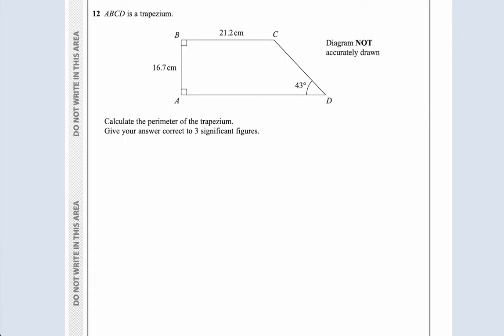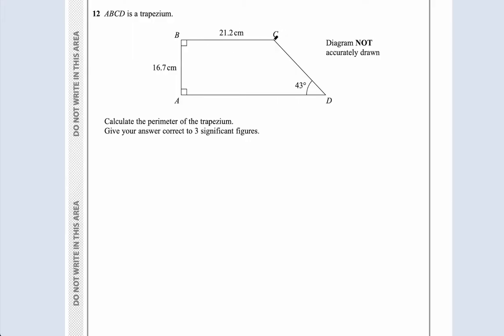Question 12. Okay, so we have a trapezium, and it says calculate the perimeter of the trapezium. So this, guys, is a trigonometry question, because look, we have an angle here, 43 degrees. We don't know this length, and we don't know this length. We just know this one and this one.